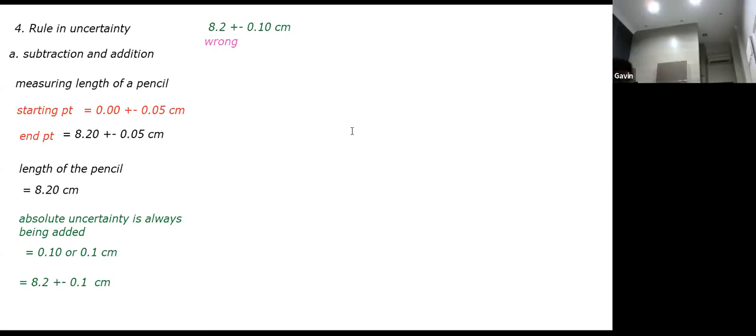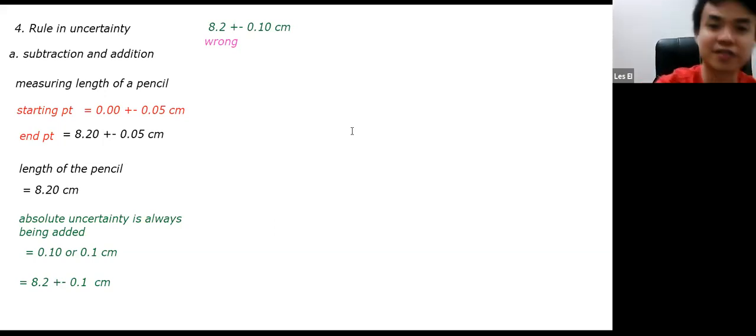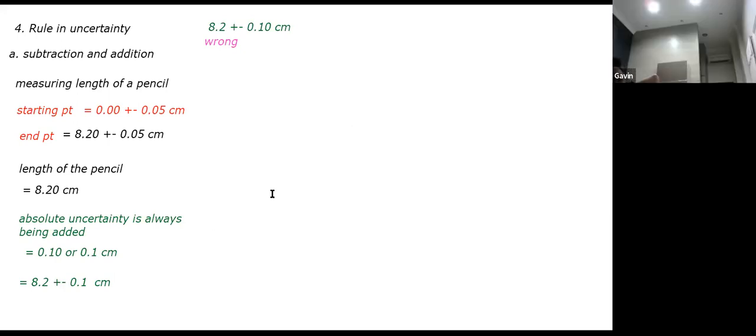For the first one, 8.20 also can as well, if you want to write 8.20 plus minus 0.10 centimeter, for instance, it will be wrong also actually. Why? Let's say if you use a meter rule, can you read up to 2 decimal places?